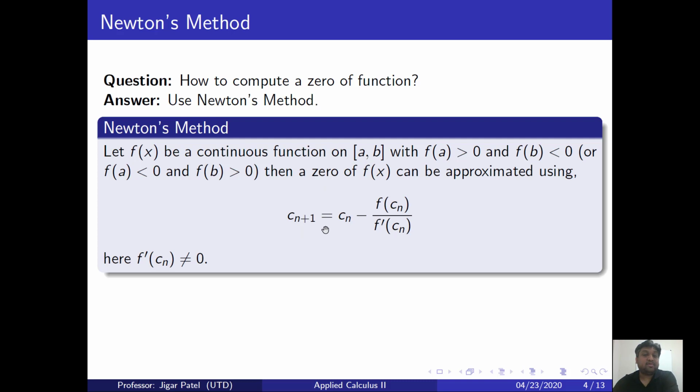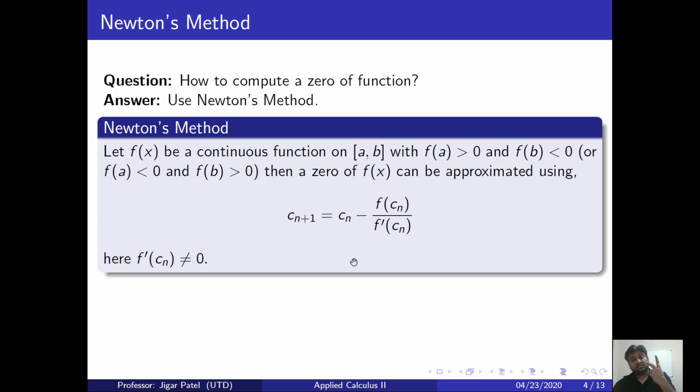So c sub n plus 1 is c sub n minus f of c sub n divided by f prime at c sub n. You need f prime of c sub n to be non-zero in order to make sense of this. So this is really the statement called Newton's theorem.